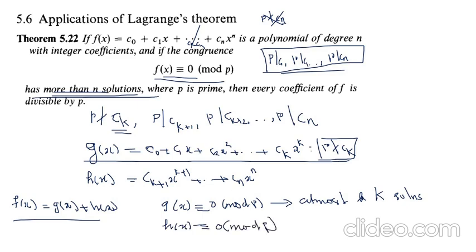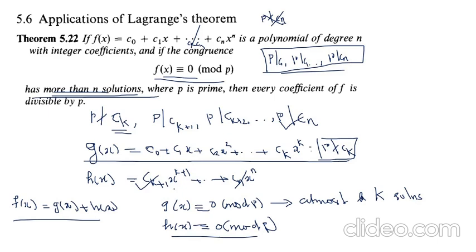Here, given that p divides ck plus 1, p divides ck plus 2, etc., p divides cn. Therefore, every integer is a solution of this congruence. Therefore, h of x congruent to 0 mod p has more than n solutions, or every integer satisfies the congruence.